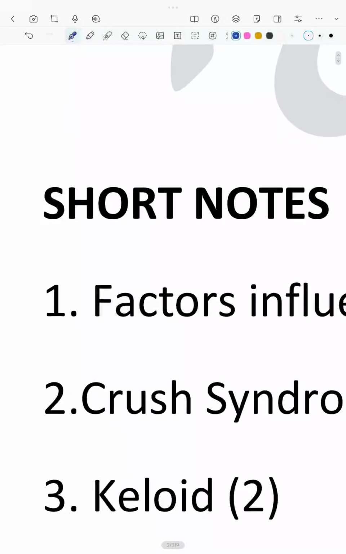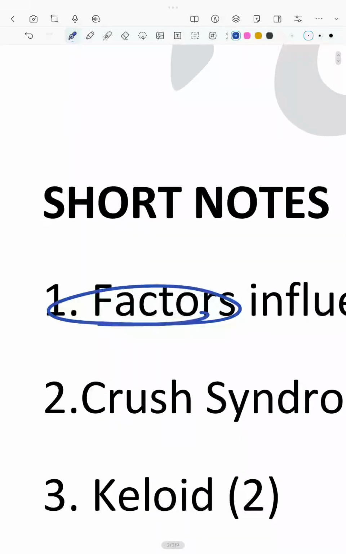That is wound healing. What are the factors that influence the wound healing?